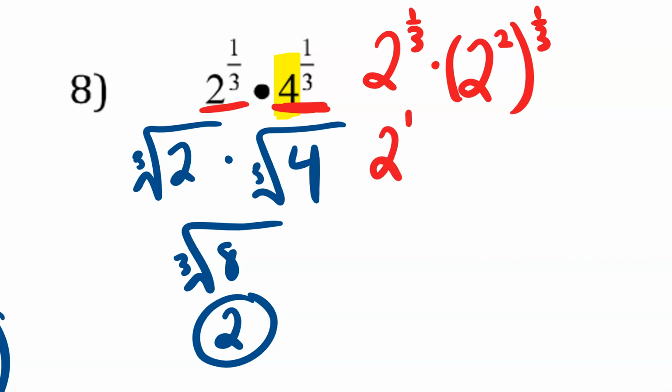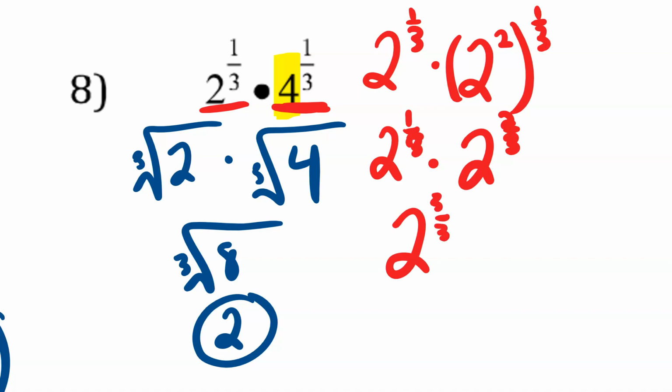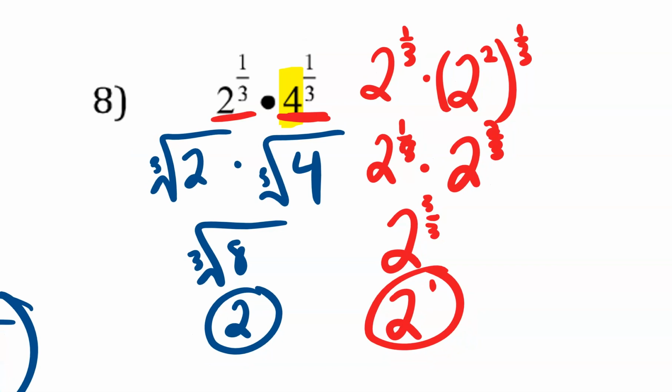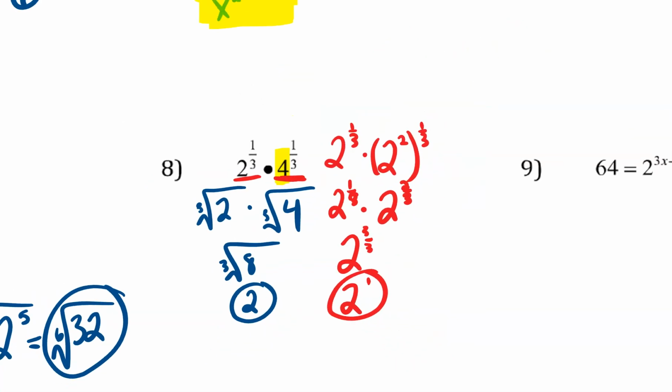So I get 2 to the 1/3 times 2 to the 2/3. And then when you're multiplying like bases, you just add the exponents. So 1/3 plus 2/3 is 3/3, which is just 1, which gives us the same answer. On this one, I think the first method is a lot easier, but those are 2 options for you.